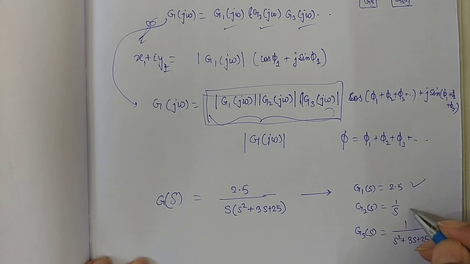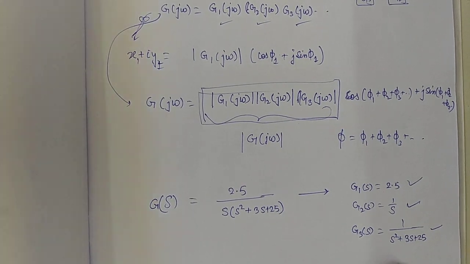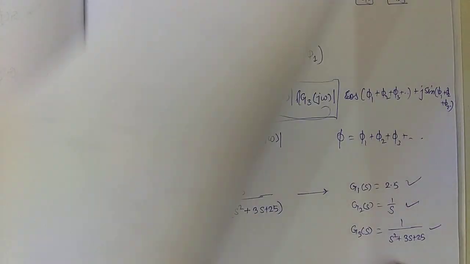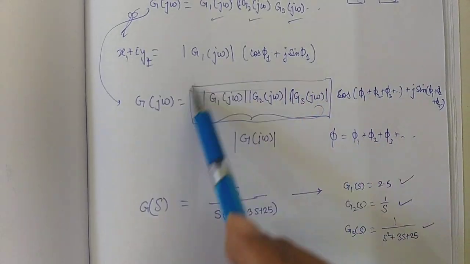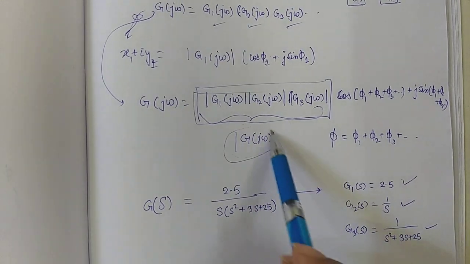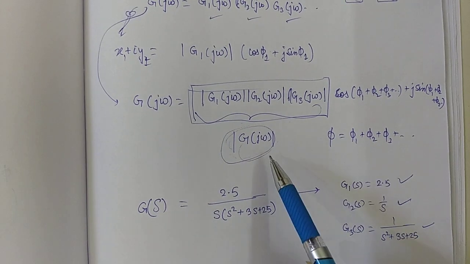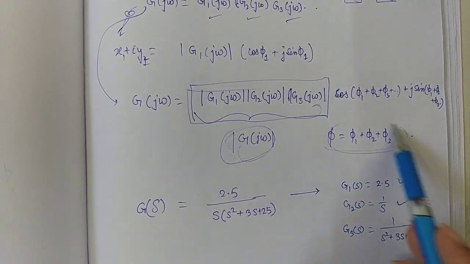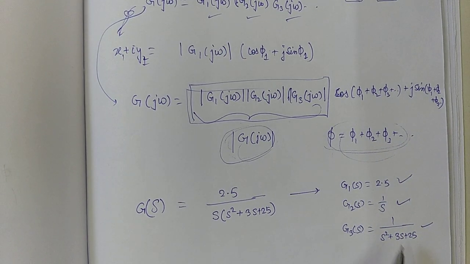Now you can treat all these functions individually and plot them as a sum, or you can directly go by this. You will take the magnitudes and get the overall magnitude, minus 20 times log of this will be your dB, and all the phases collectively will tell you the final phase angle.